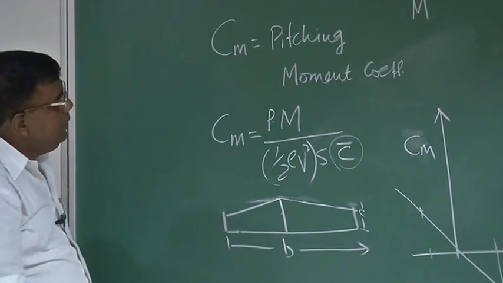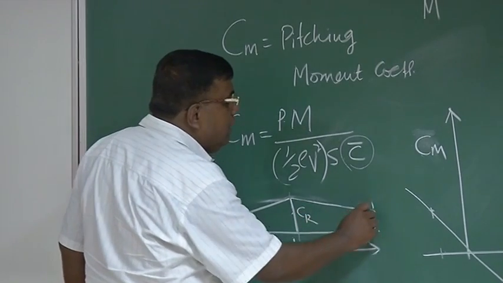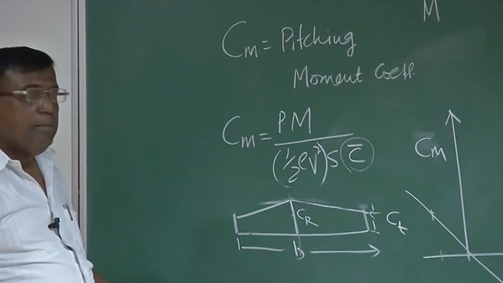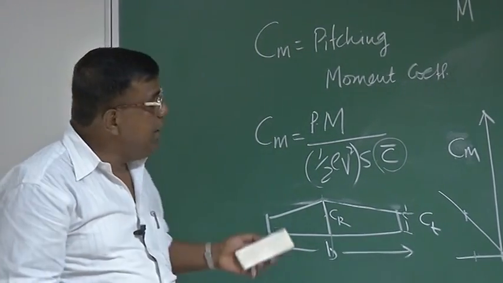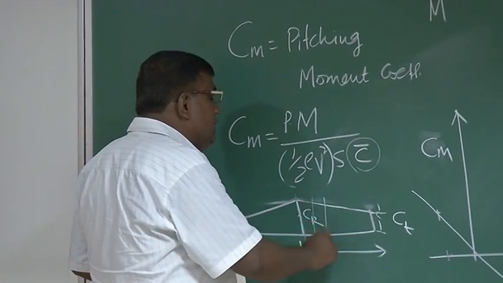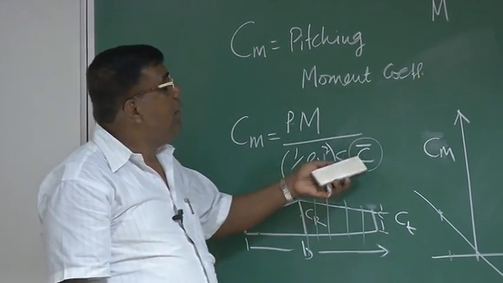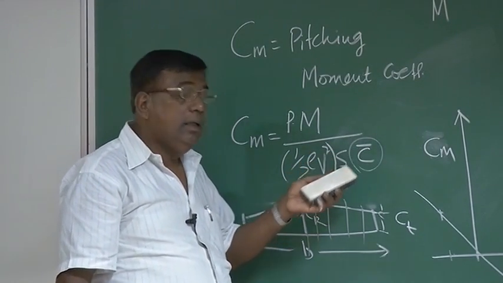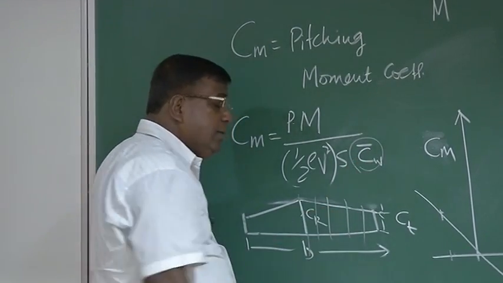Here, if I call this root chord CR and this tip chord CT, they are not the same. For a rectangular wing, they are the same, so it was very easy to talk about C. But here, because the chord is changing at each station, we define something called the mean aerodynamic chord, which we write here with a bar. It's the mean aerodynamic chord of the wing, so I can write CW also.